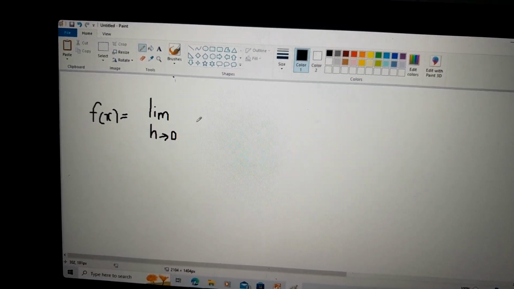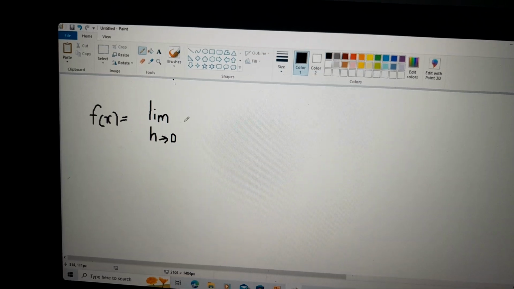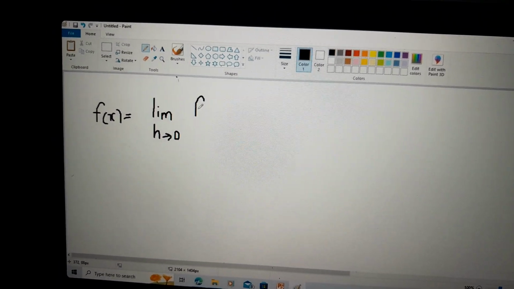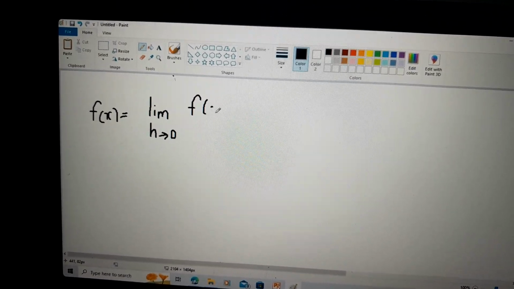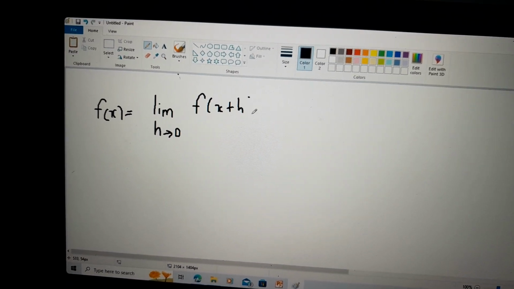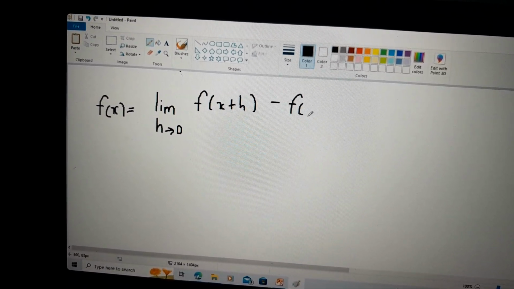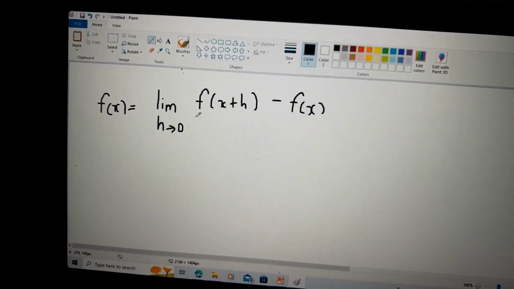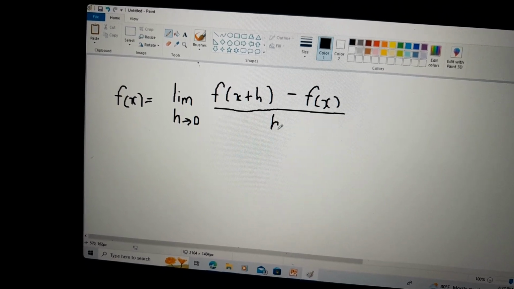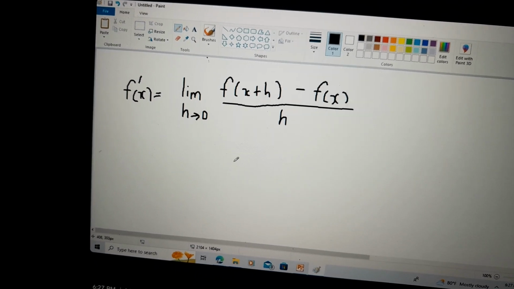It means that the value of h is getting smaller and smaller, coming closer and closer to 0, of f of x plus h minus f of x, all over h. So presenters, just let me know if this is accurate. Yes, sir.